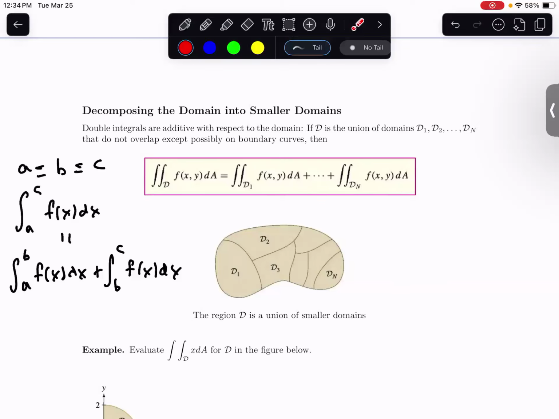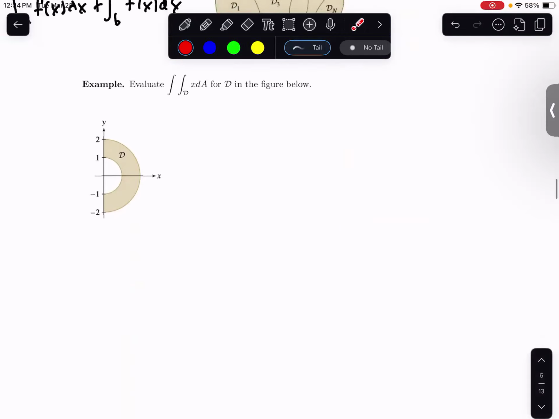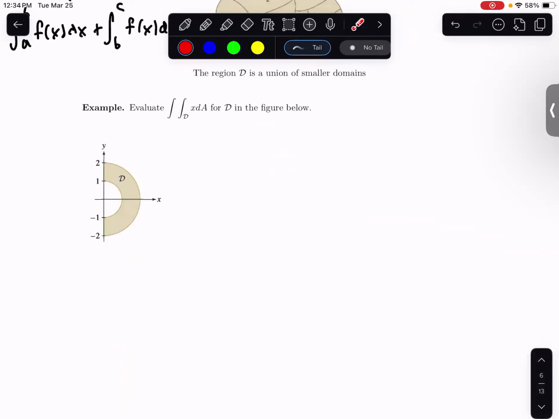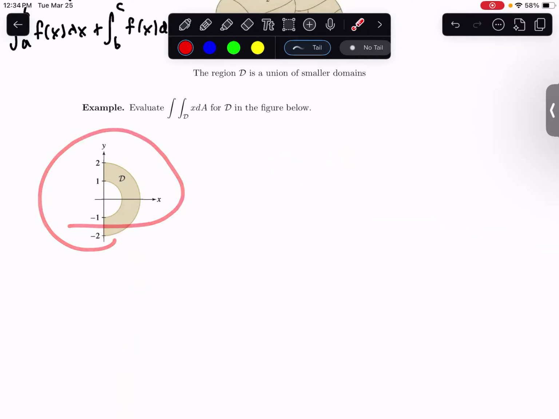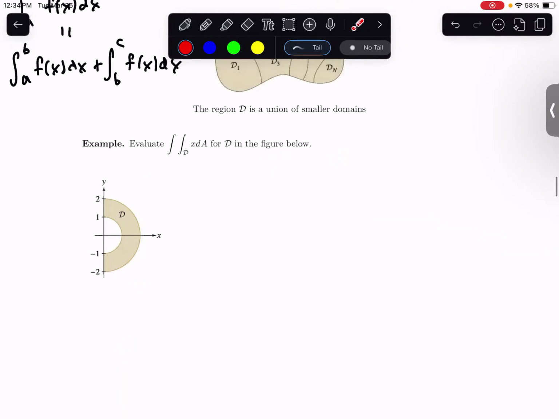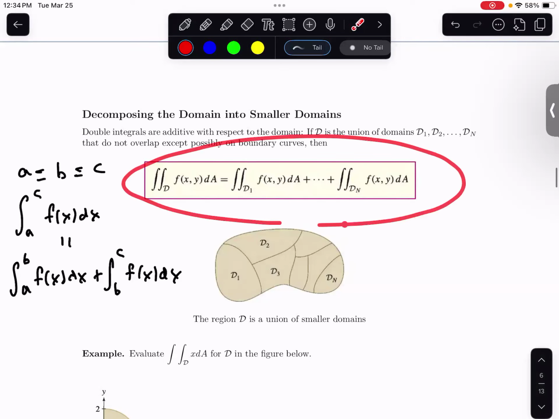Okay, so this is something that will come in handy for this next example, but also for other examples that we work through in the future. Eventually, we'll introduce theory that will make this problem very simple. Namely, by using polar coordinates, we'll be able to make this example really easy. But we don't know how to integrate over polar coordinates yet, so we're stuck with just using this idea right here.